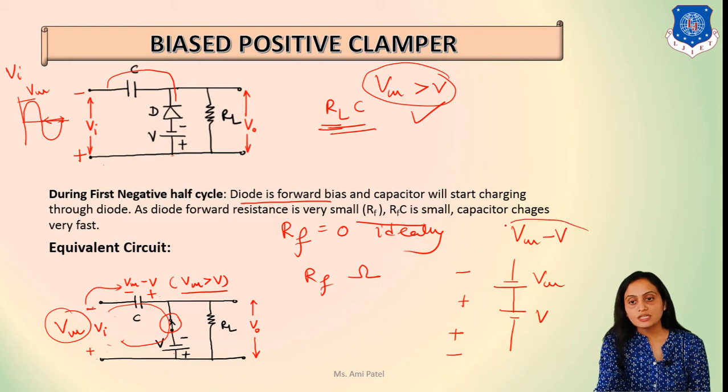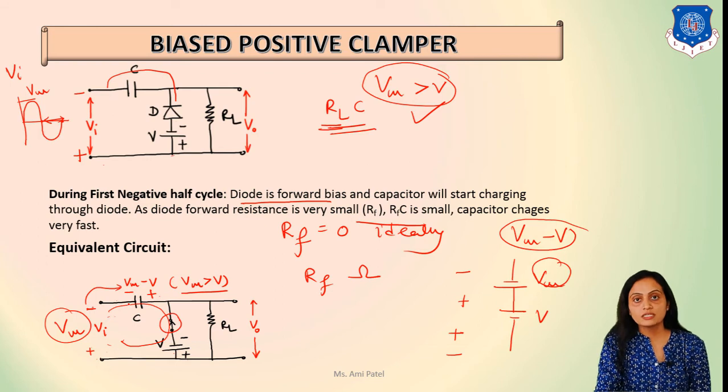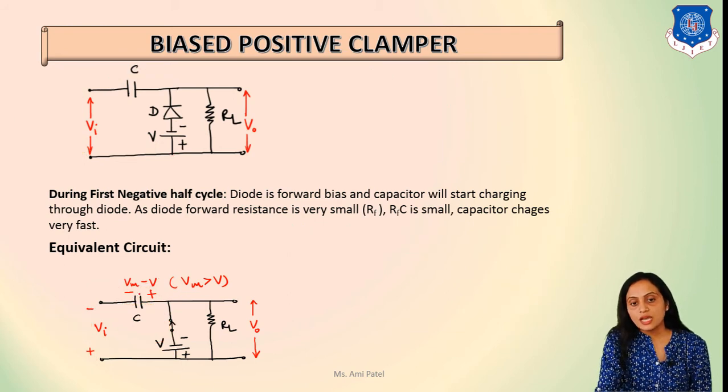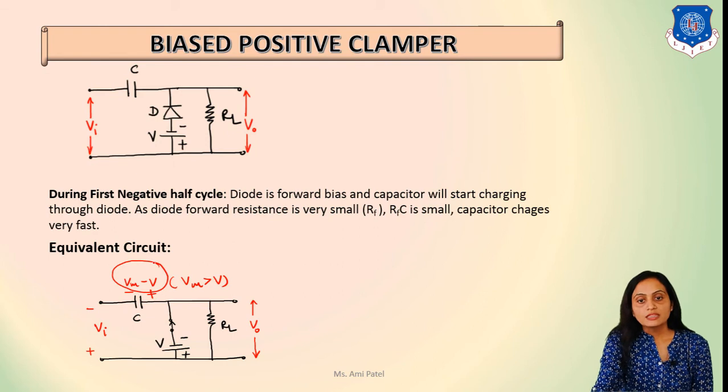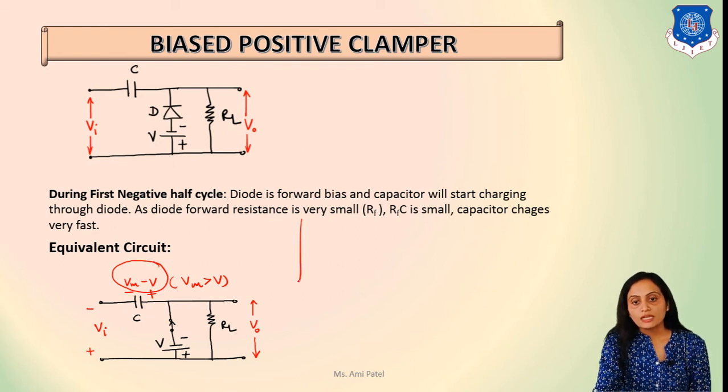This we are considering for the peak value of Vm. Actually this is an AC signal, input is AC, but we are considering it for the peak value only. For that particular instant only we are considering. So at that instant we can say this capacitor will charge till the maximum value Vm minus V, and this will be the instant when there is the first negative half cycle and when the input signal reaches minus Vm.